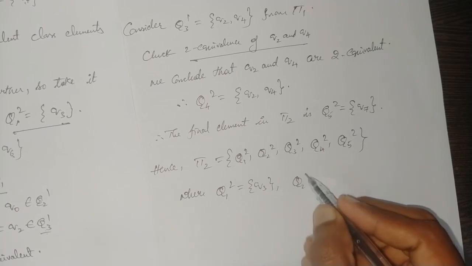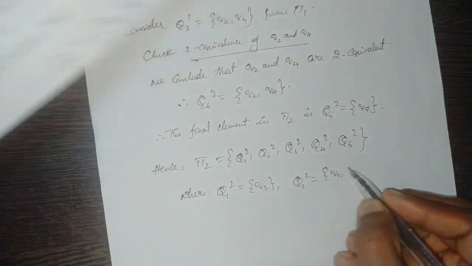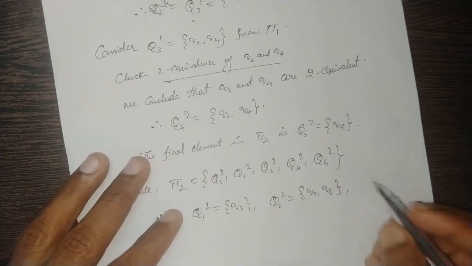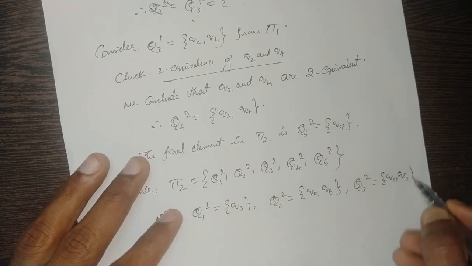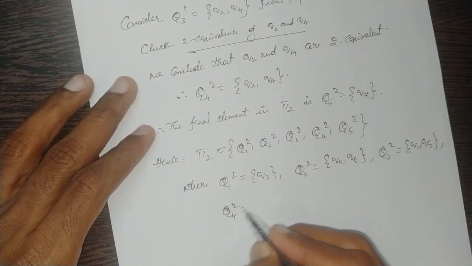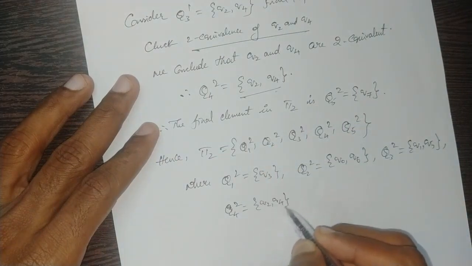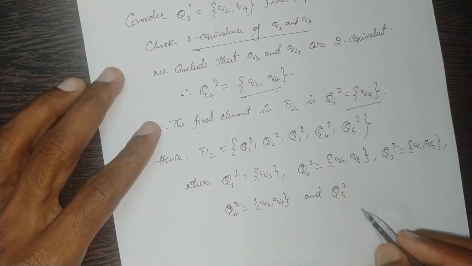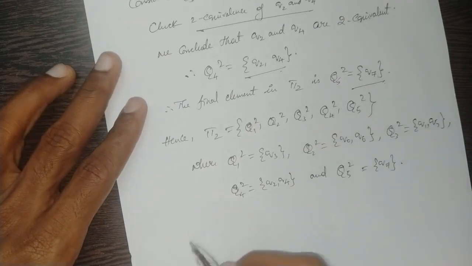What is Q2 dash? That is Q0, Q6. What is Q3 dash? Q1, Q5. And what is Q4 dash? That implies Q2, Q4. And finally, Q5 dash is Q7.